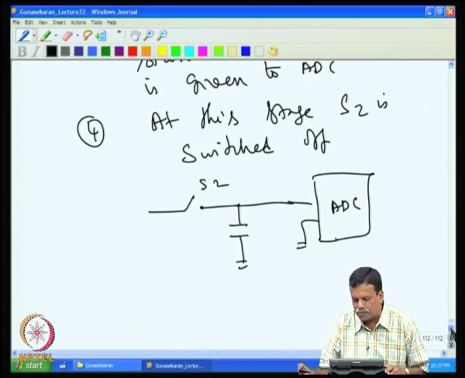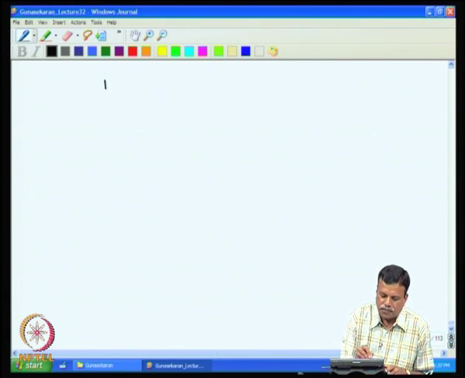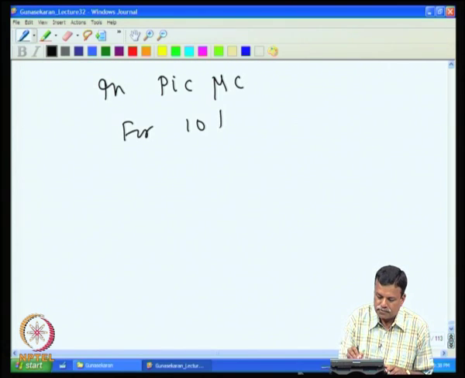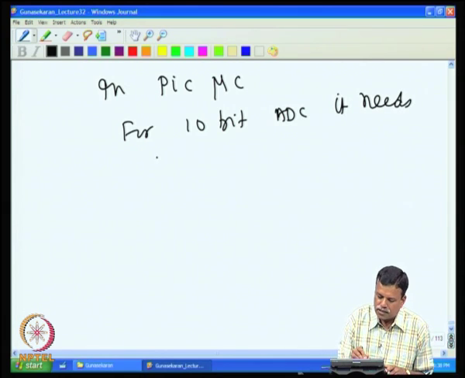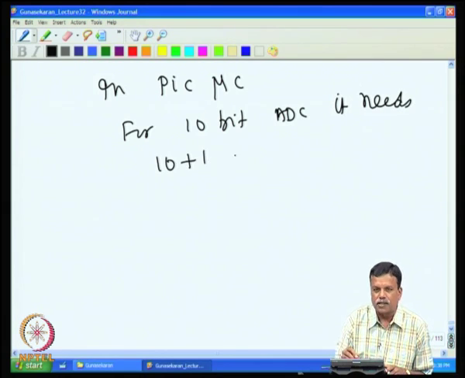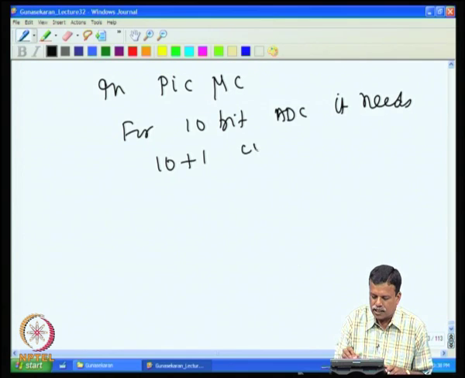For example, if you take a PIC microcontroller, for a 10-bit ADC, it needs 10 plus 1 cycle times for conversion.